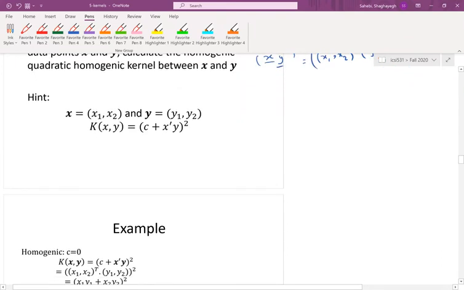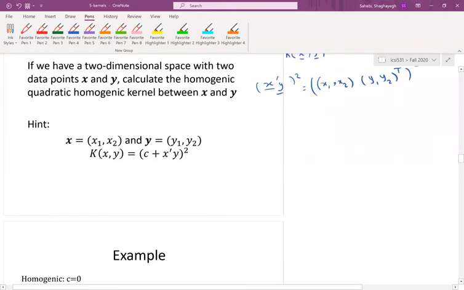So basically, it's going to be equal to X1, Y1, this is the dot product that we have, plus X2, Y2, and then squared. Okay, so now these are all scalars, and we have the summation of two scalars and the square of them.